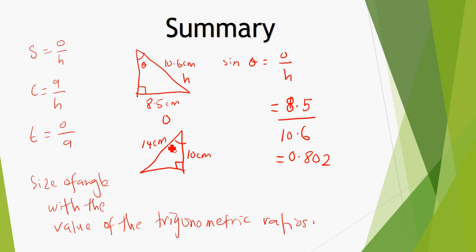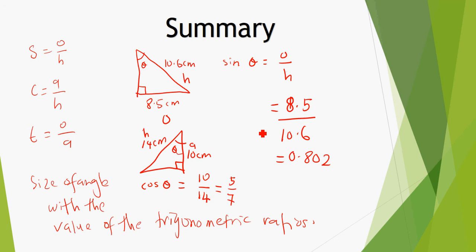Find the value of cos theta. Cos theta equals adjacent over hypotenuse, right? So adjacent is this one, hypotenuse is this one, so 10 over 14. You simplify, it becomes 5 over 7. It's better you give the answer in fraction, more accurate, but in simplest fraction.